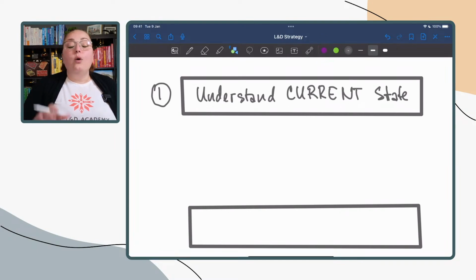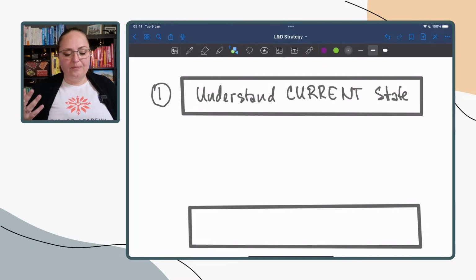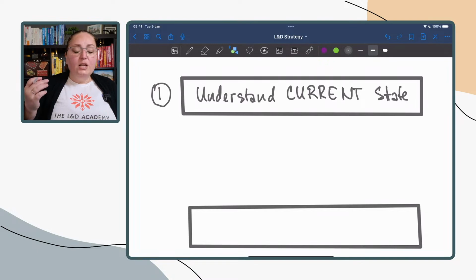What else can you look at? Oh, you need to look at your feedback scores. Everything that you've done in the past year or in the past few years, go back to it, review the feedback, look at your NPS scores, and understand what's working, what isn't working. And just some internal research in general, like talk to HR, look at the engagement survey results as we did here.